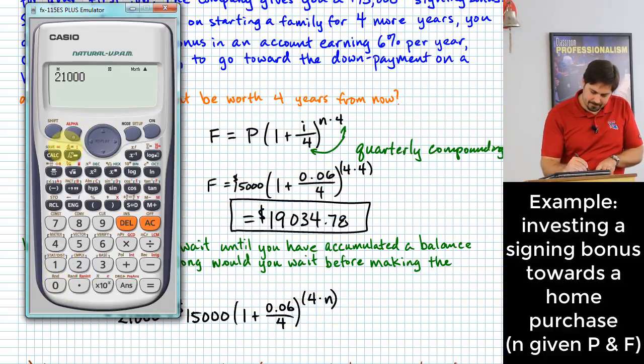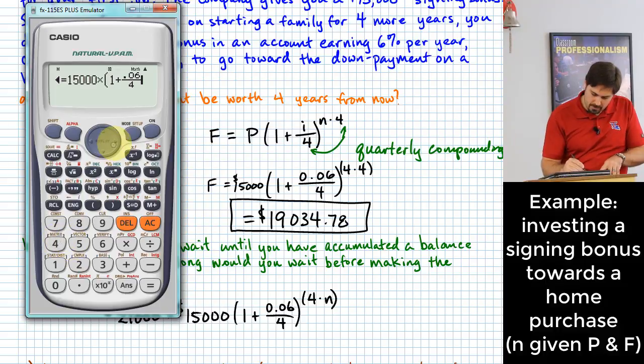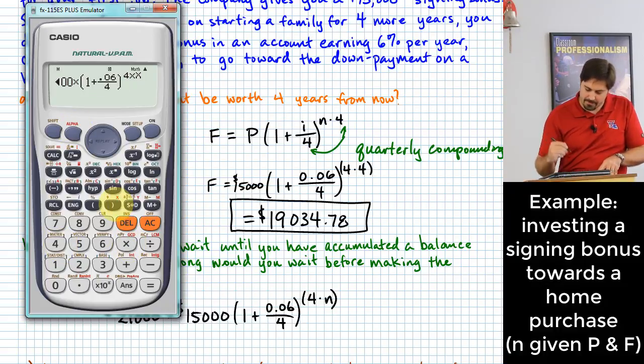21,000 is equal to 15,000 times 1 plus 0.06 over 4, raised to the 4 times, and in this case we're just going to put in a variable of x.